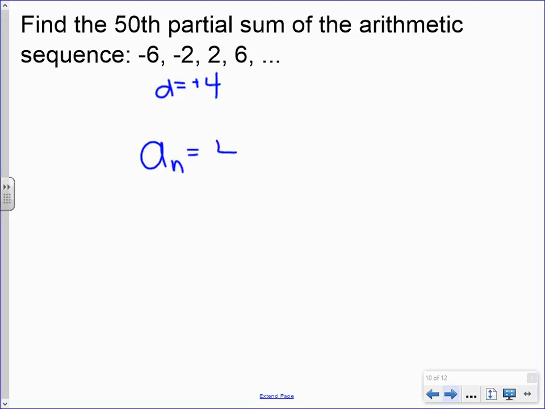Our common difference is 4, so we have 4n plus c. What c value would we need for our first term to be negative 6? Molly, what do you think? If you plug 1 in, we want negative 6.